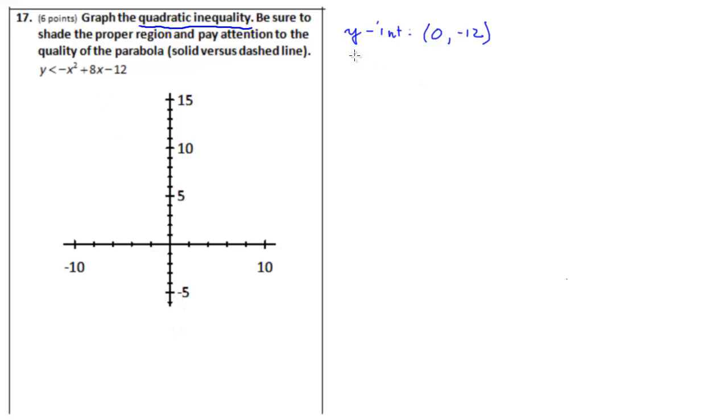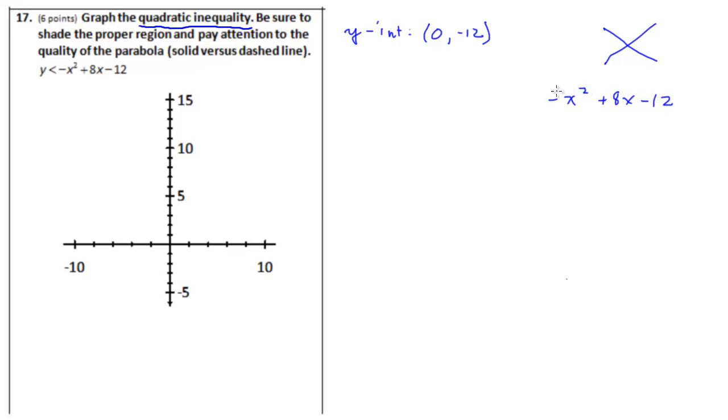Another thing we can do is find the x-intercepts. We can do that by factoring. If I were going to factor this, let's put this up: minus x squared plus 8x minus 12.